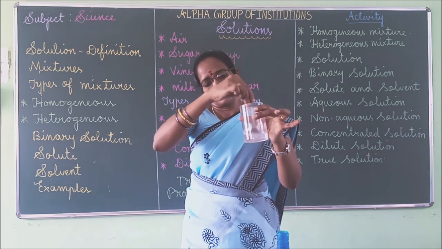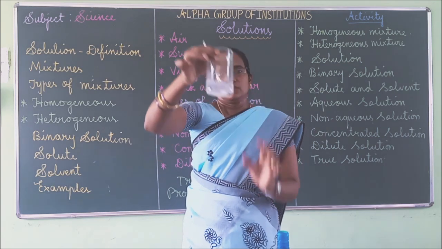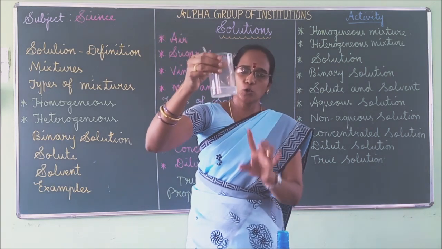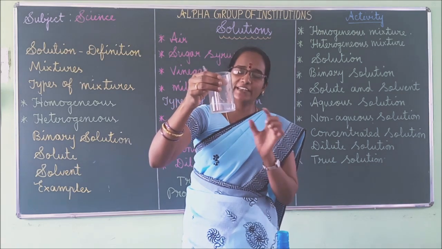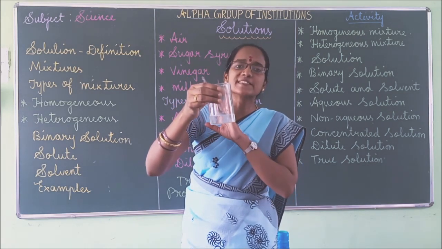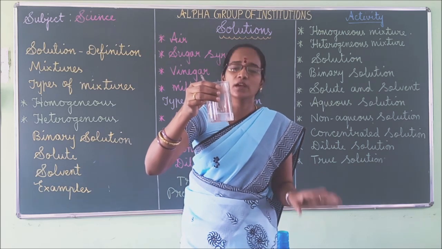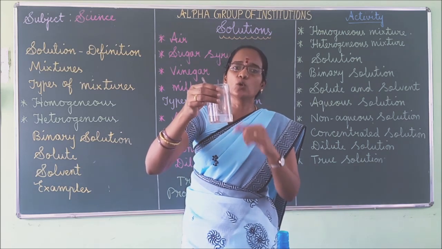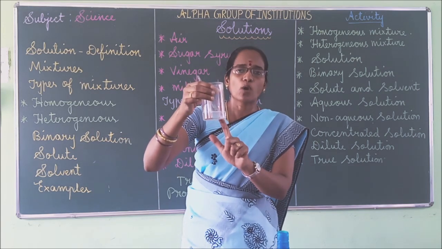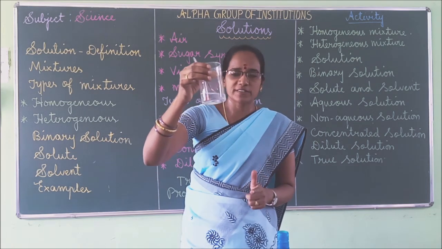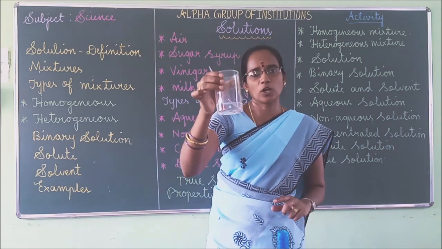This is an example of true solution. A true solution means it is a solution in which the components are mixed uniformly. Okay. So a true solution consists of two or more different substances. Here I added two components. One is water, another one is the common salt. So this is an example of true solution.